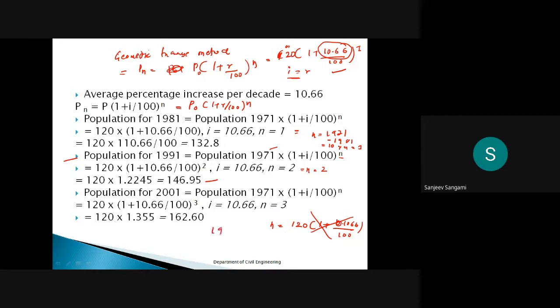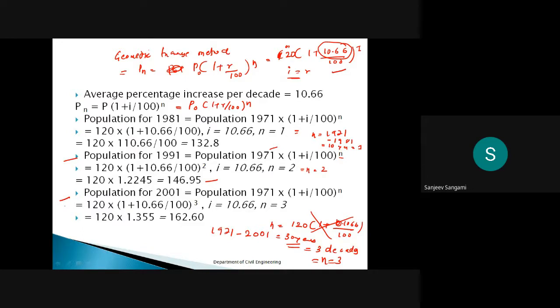Because from 1971, the last known population, to 2001, the years will be 30 years. So it will be 3 decades, so n is equal to 3.